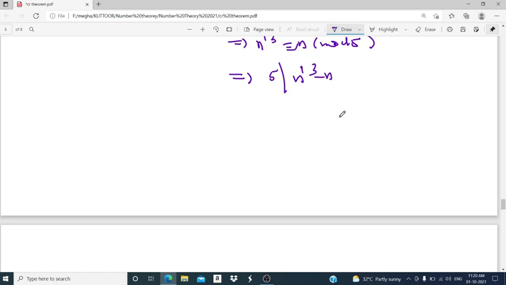Therefore its combination also divides n raised to 13 minus n. Hence we can say that n raised to 13 minus n is divisible by 1365, or n raised to 13 minus n is congruent to 0 mod 1365, or we can say that n raised to 13 is congruent to n mod 1365.